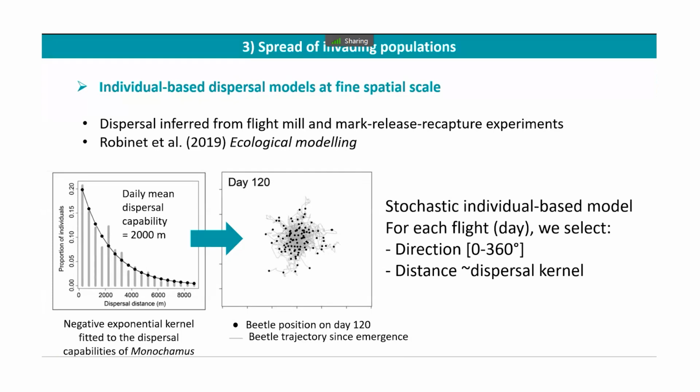So the individual-based model consists in selecting at random a direction, because we're supposed to be in a non-fragmented pine forest, so there's no reason to select one direction more than another. And we select the distance following the dispersal kernel. And then we can simulate the trajectory of each beetle.